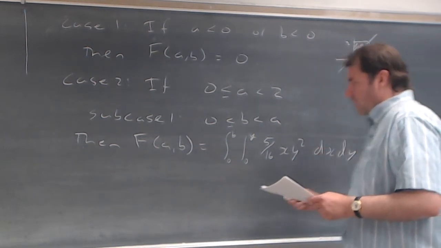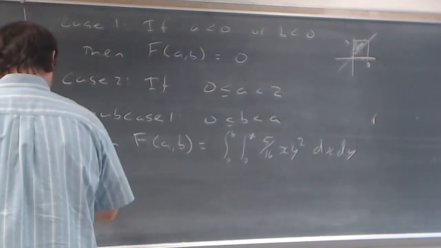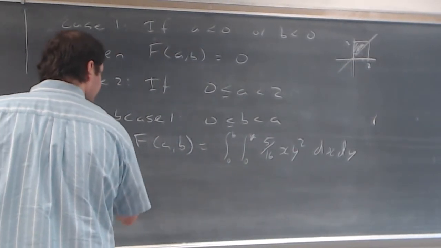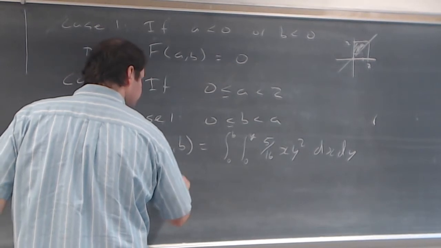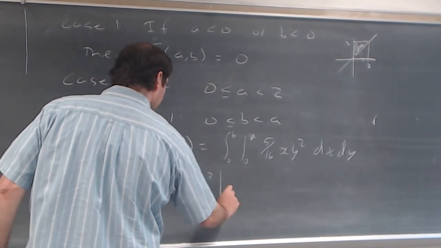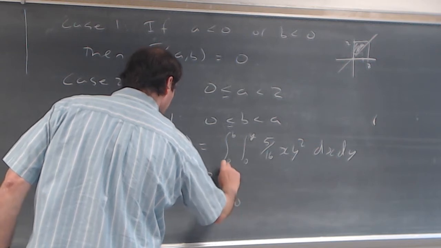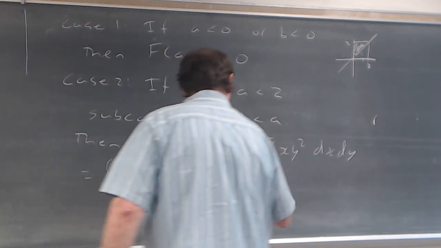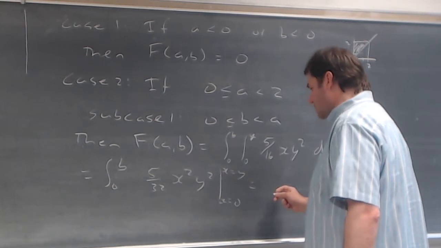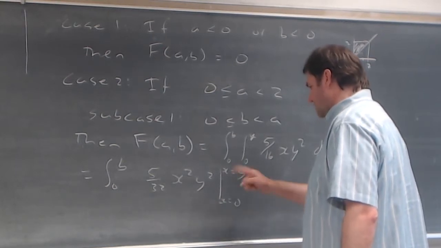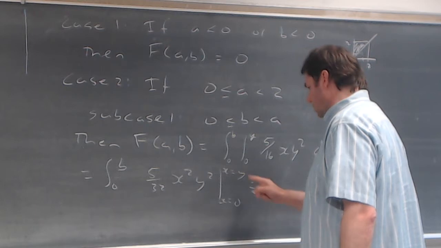dx dy. So when we do this integral, this is the integral from 0 to b. Integrating with respect to x, this is going to be 5 over 32 x squared y squared, evaluated from x equals 0 to x equals y. When I do that, I stick in x equal to y.